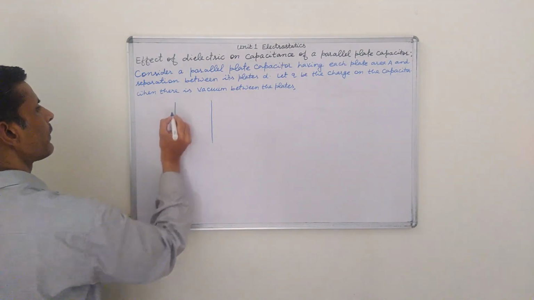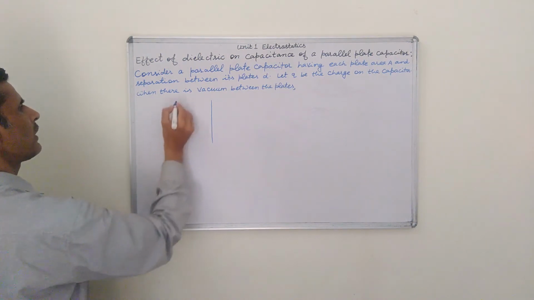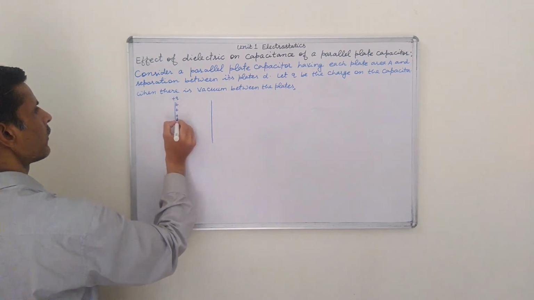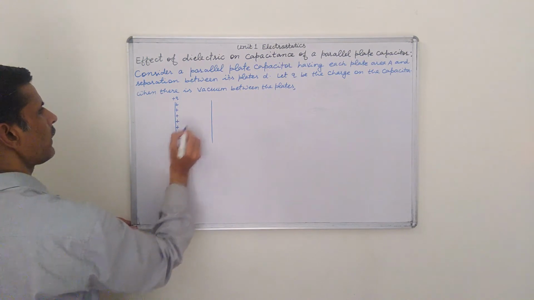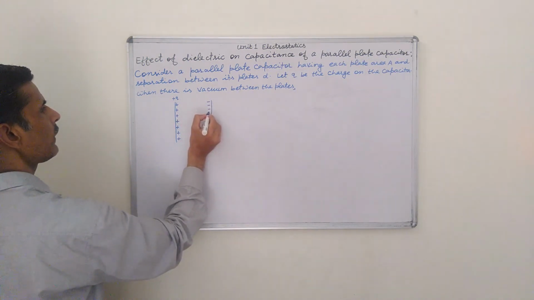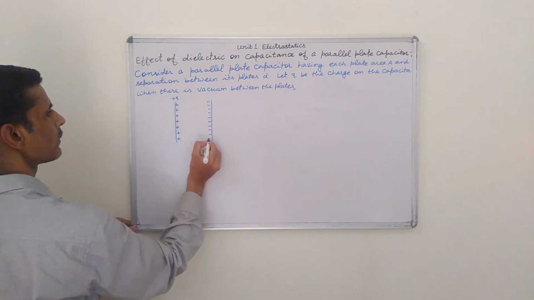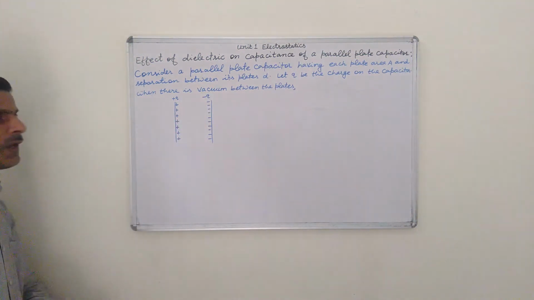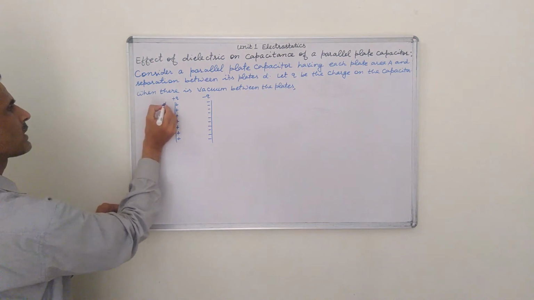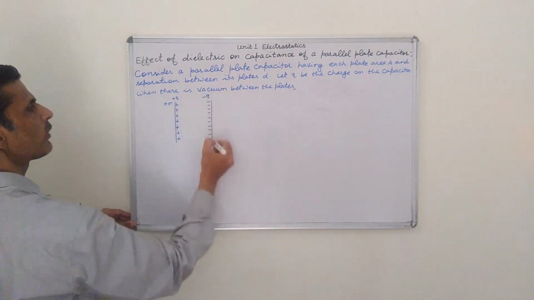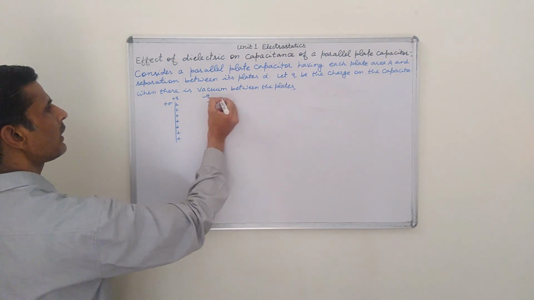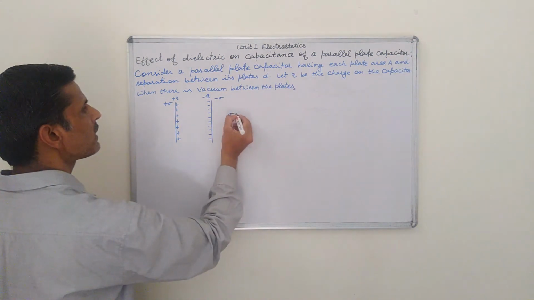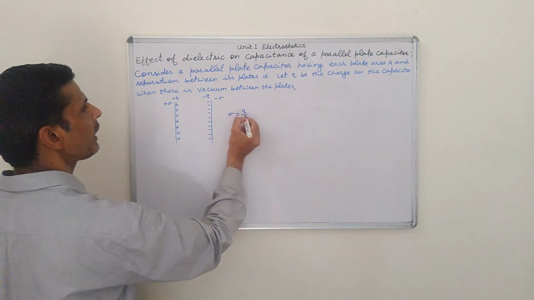Say plate 1, it has plus Q charge and plate 2, it has minus Q charge. Each plate area is A. Say here surface charge density is plus sigma, and on this plate surface charge density it is minus sigma. Here sigma is equal to Q upon A.